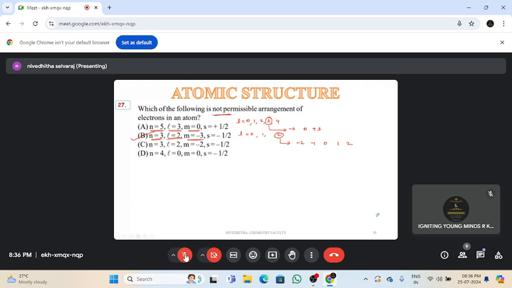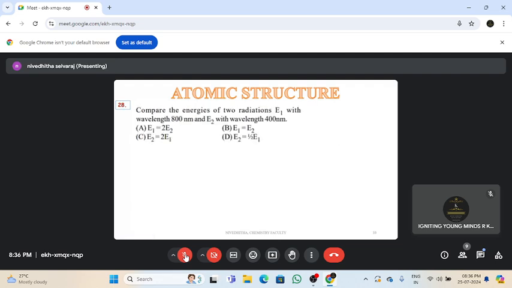Fine. Next question. Compare the energies of two radiations, E1 with wavelength of 800 nanometer and E2 with a wavelength of 400 nanometer.